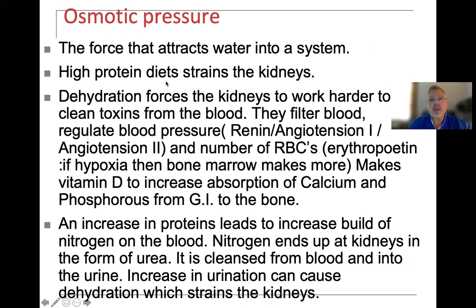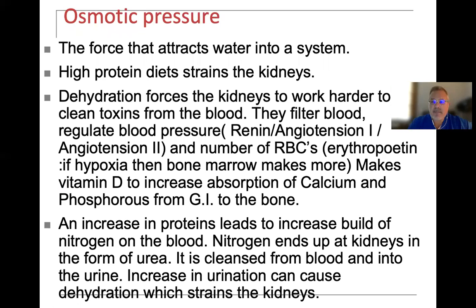And we know that high protein diets tend to put a little bit more strain on the kidneys. The dehydration is going to force the kidneys to work a little bit harder to clear toxins from the blood. The kidneys filter blood, but they are also responsible for regulating blood pressure due to the renin-angiotensin system.